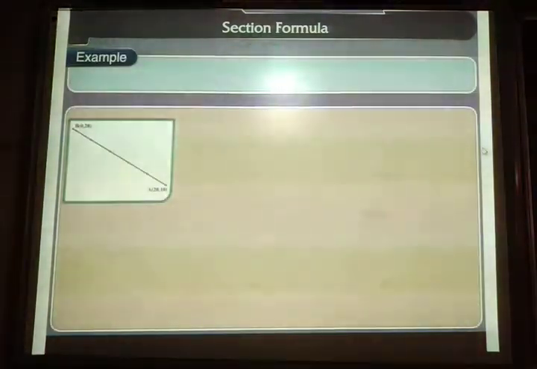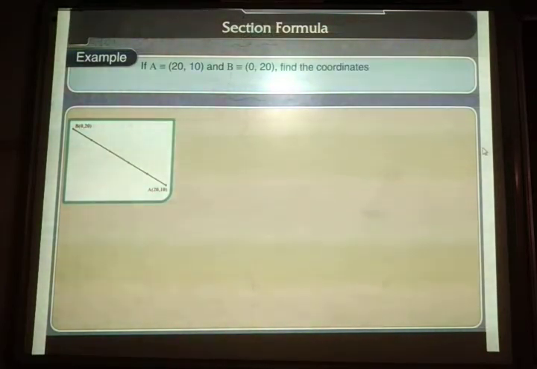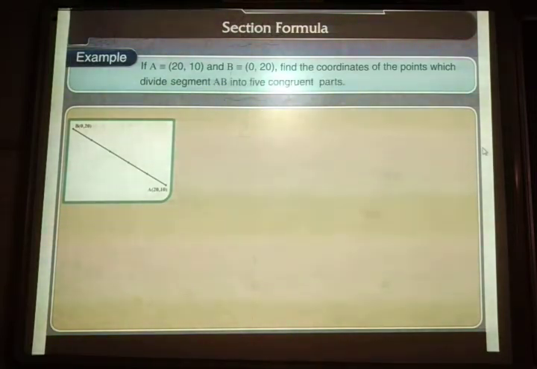Let us solve one more example. If the coordinates of point A are (20, 10) and the coordinates of point B are (0, 20), find the coordinates of the points which divide segment AB into 5 congruent parts.